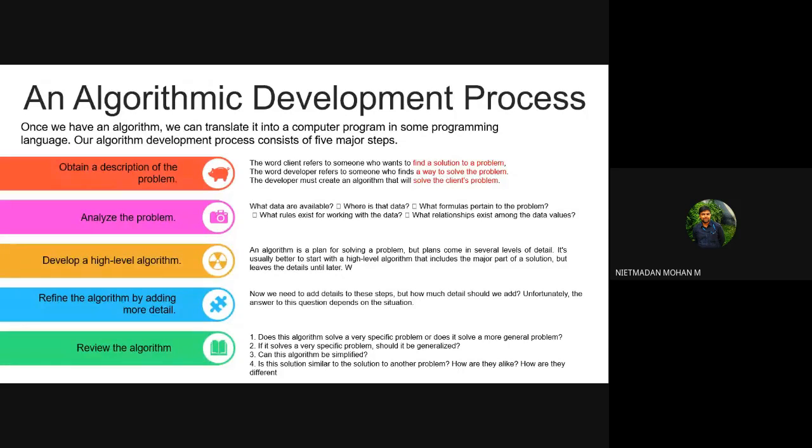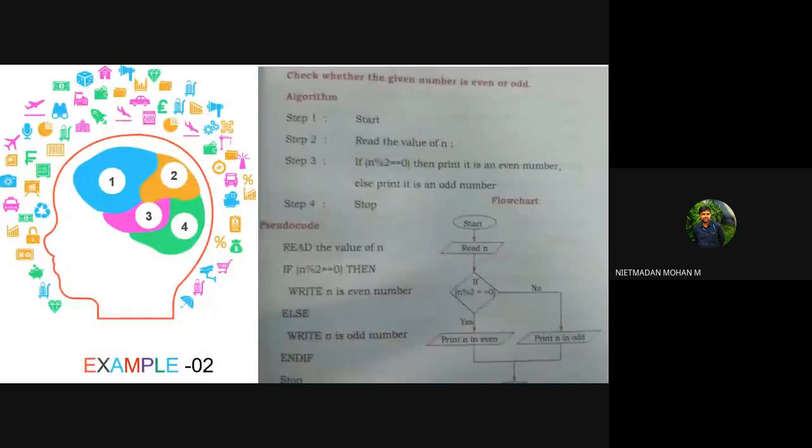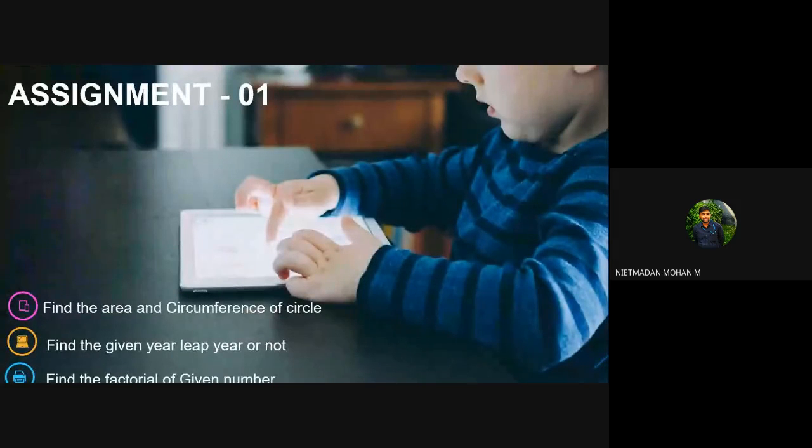So yes, these are the algorithm development process. I will share the slides and you will go with the content that I have given here. Kindly note down these 3 questions and make this as Assignment number 1.